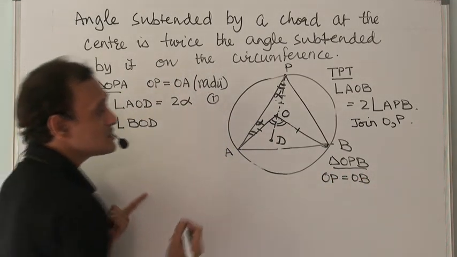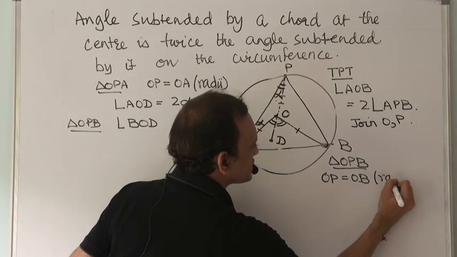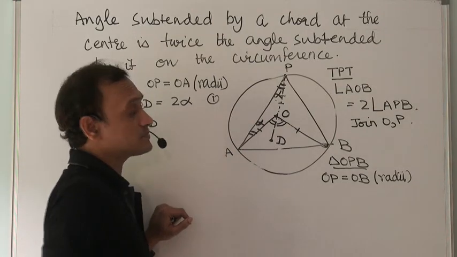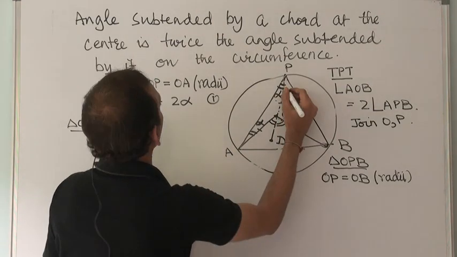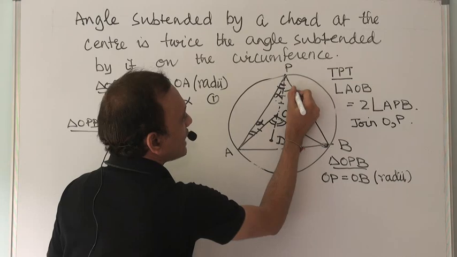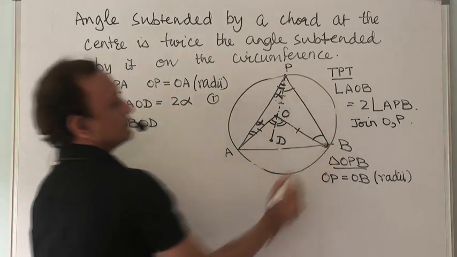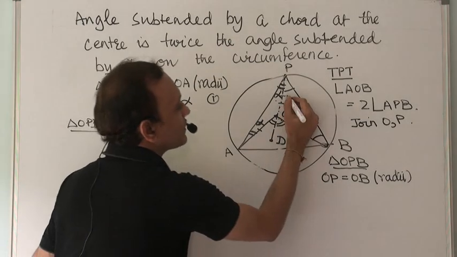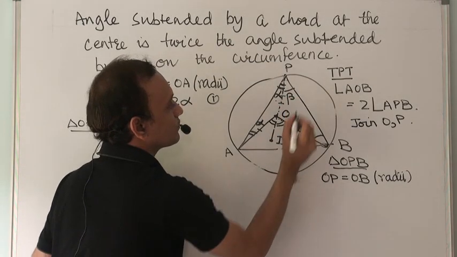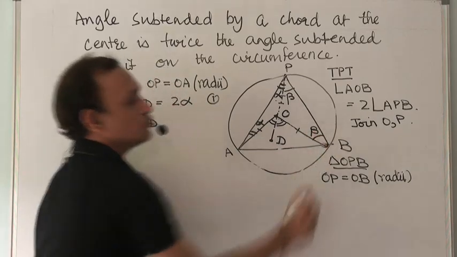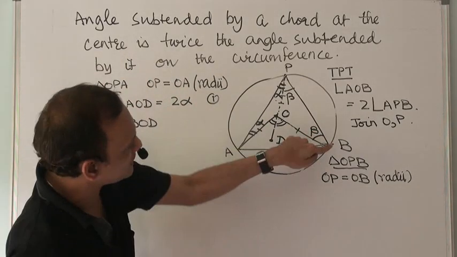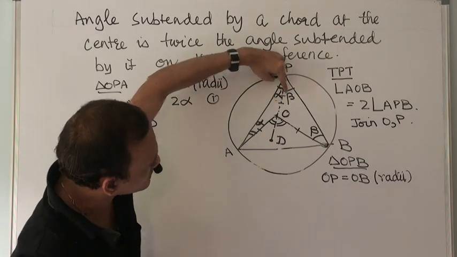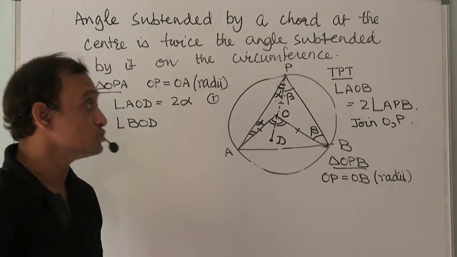Obviously, they are radii of the same circle. This triangle OPB then is isosceles. And if it is isosceles, then can I not say that this angle must be equal to this angle? Angles opposite to equal sides must necessarily be equal. Therefore, if this angle is beta, this angle is also beta. OPB is an isosceles triangle, OP is equal to OB. Therefore, this angle is equal to this angle, equal to beta.